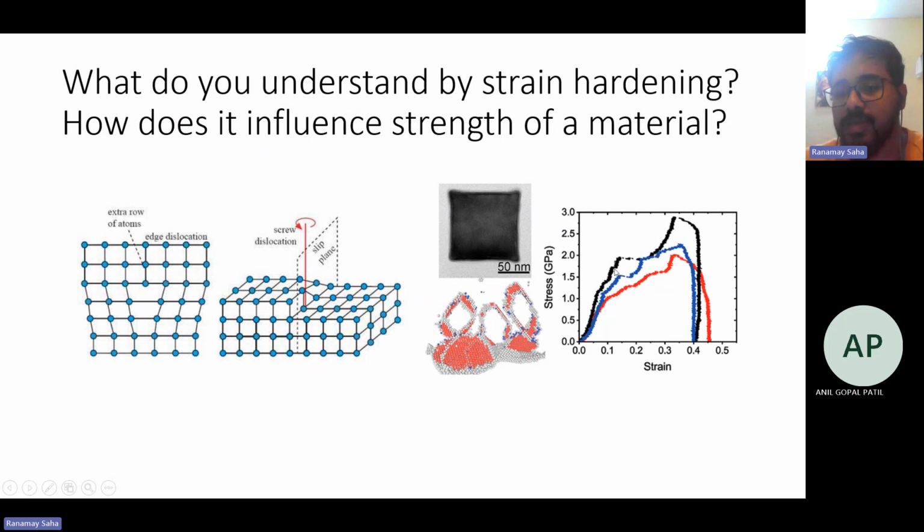So you can see in this graph, somewhere beyond the yield point, the stress increases more than the strain, right? If you take out the slope here, you can see the y-axis is always more than the x, right?